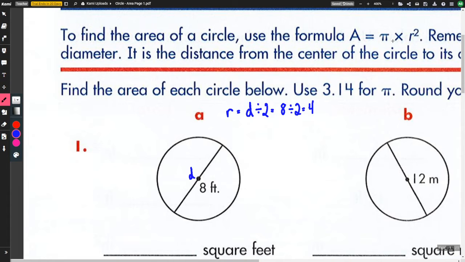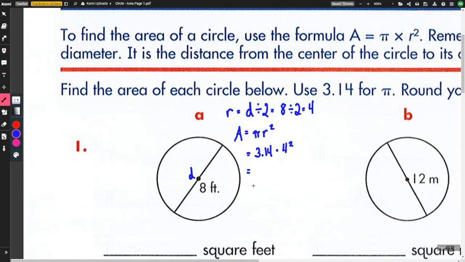Now I use this formula right here. Area equals pi r squared, remembering that I'm using 3.14 for pi. And my r, I just found out, was 4 squared.